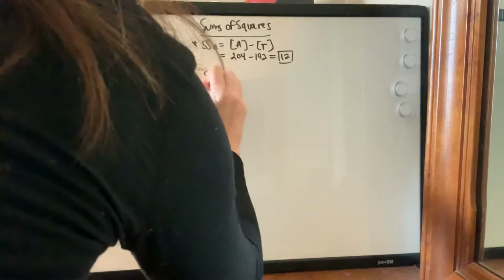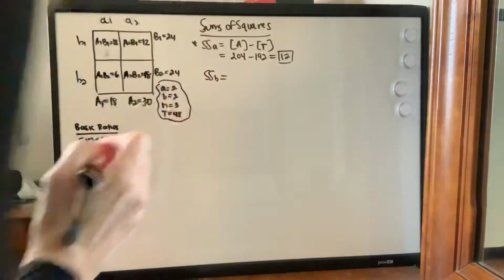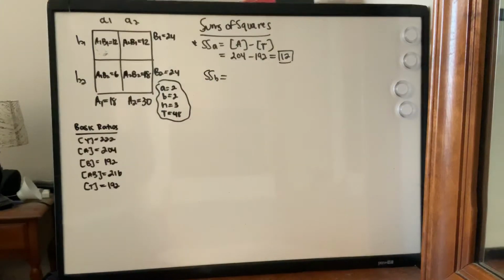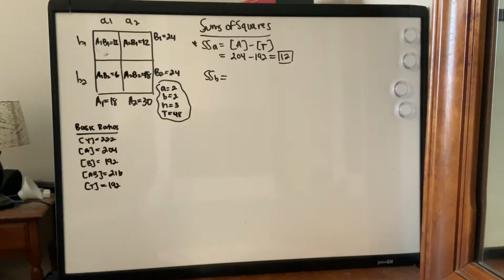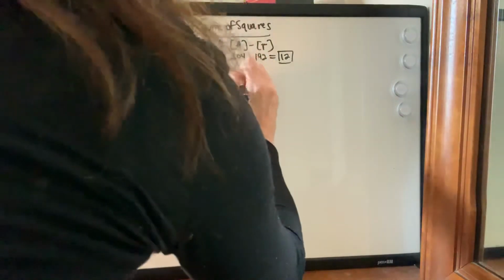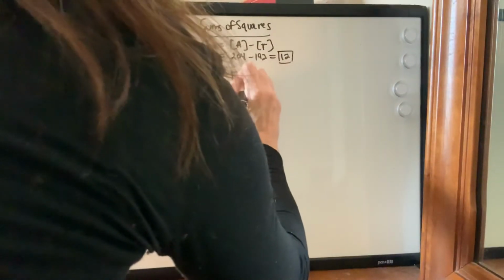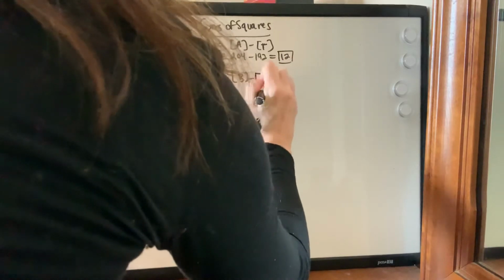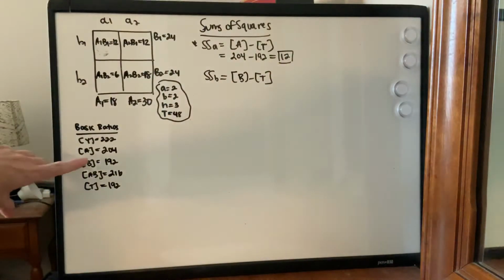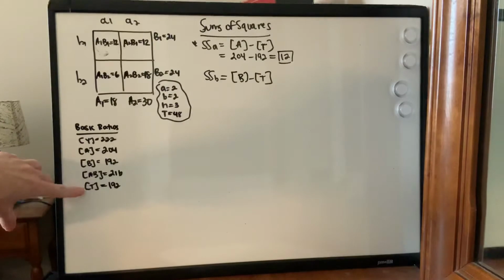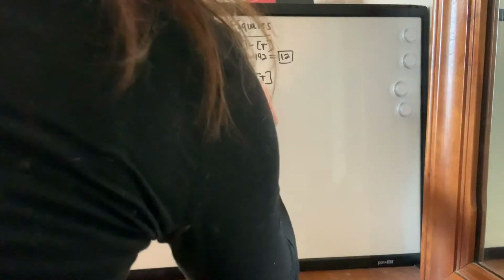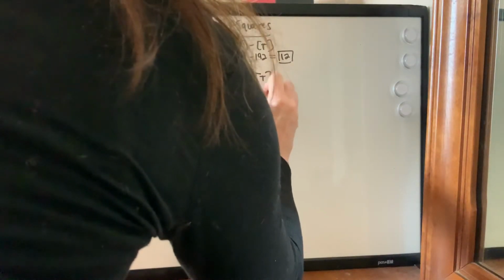Our next sum of squares is our sum of squares for B. And I'm hoping that some of you can guess what the formula for this might be. If the sum of squares for A is A minus T, the sum of squares for B is going to be B minus T. All right, so our B is over here is 192, and our T is also 192.